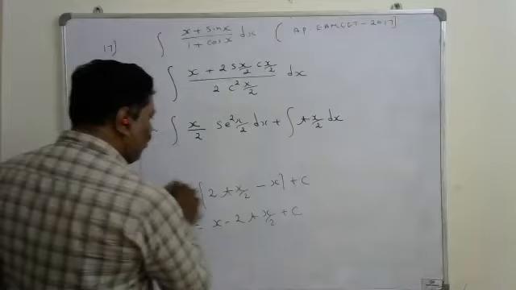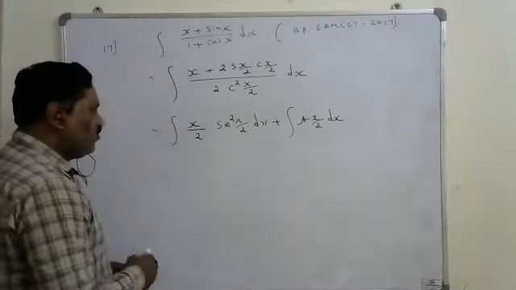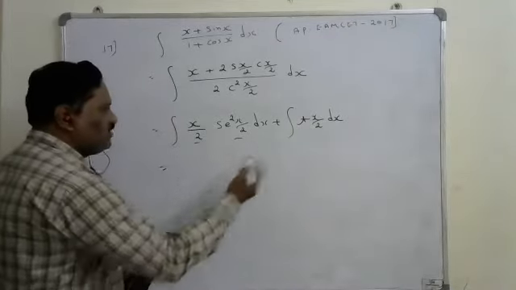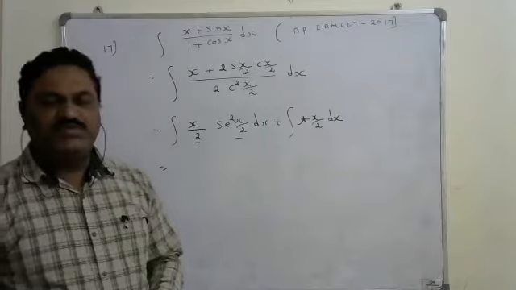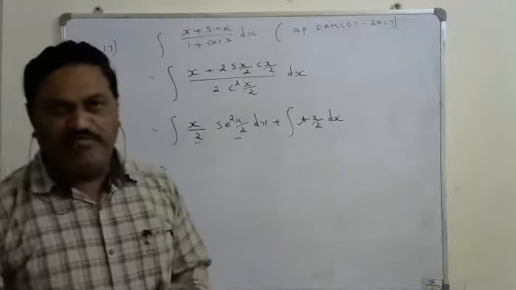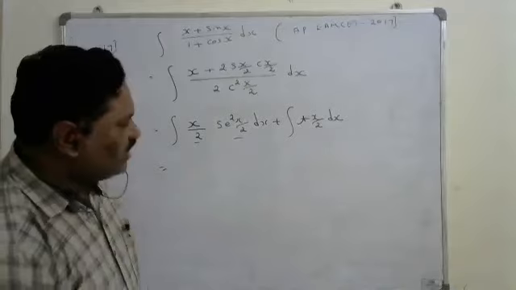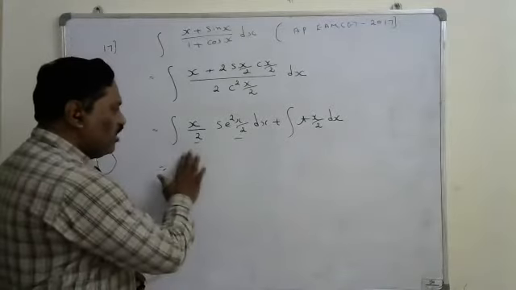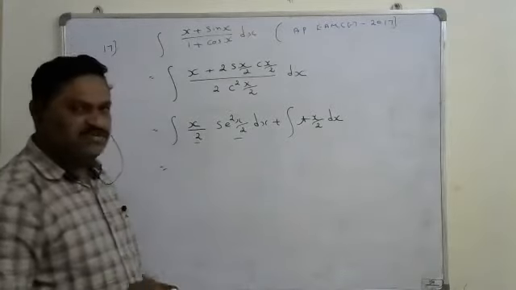Now to evaluate this, since here you can find the product of two terms, we will apply the integration by parts formula, that is the UV formula. As per the UV formula, out of these two, tell me which is the first function we have to select?